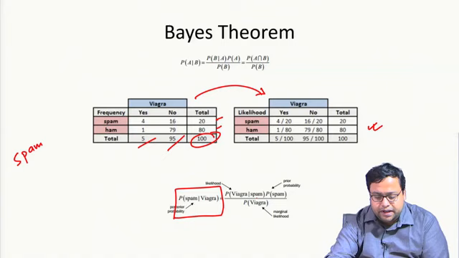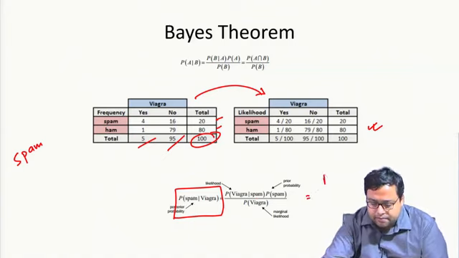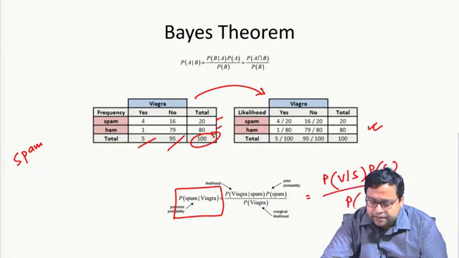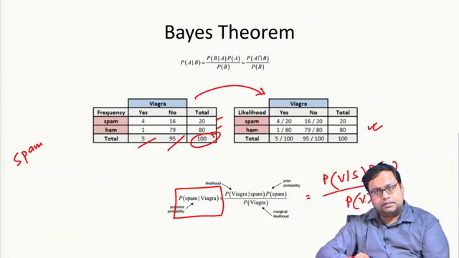That is V given S into probability of S by probability of V, is it not?